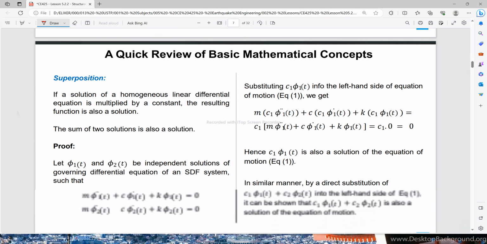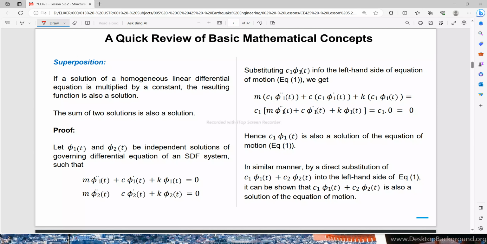So here is another concept of superposition. If a solution of a homogeneous linear differential equation is multiplied by a constant, the resulting function is also a solution. So the first concept discussed in superposition is that if you have two solutions and you add them, that will become a solution of the differential equation.